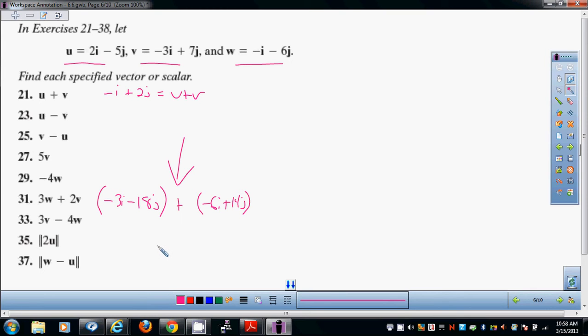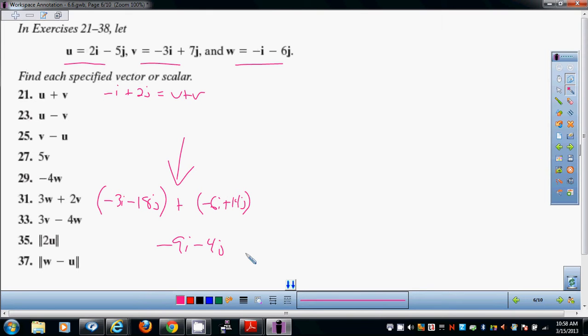And every single problem on the board, by the way, whenever you multiply a number by a vector, it's called a scalar. Because you haven't changed the vector's direction, but you made it longer. You scaled it. What I mean by that is, like v goes 3 left and 7 up, so about like this.